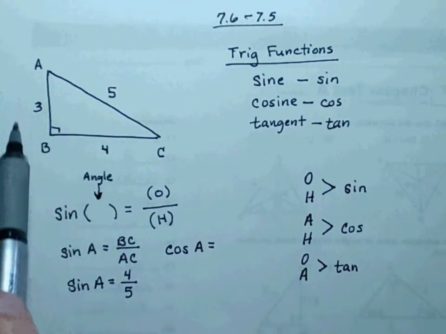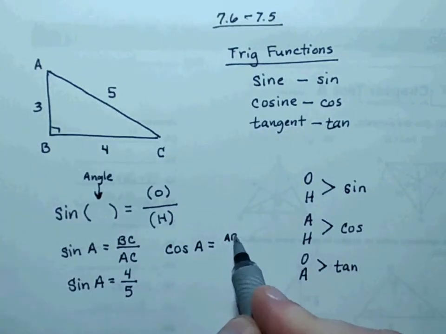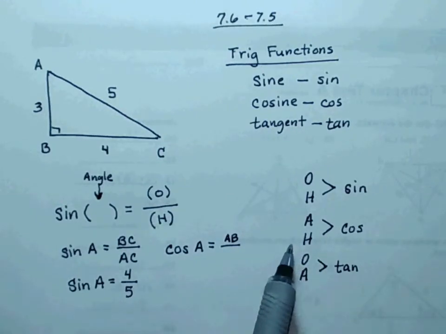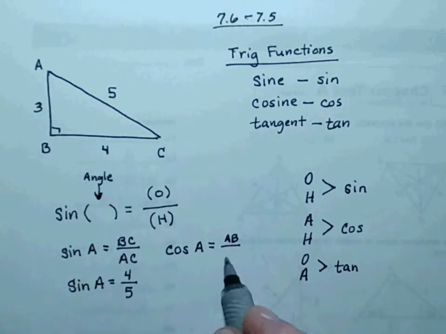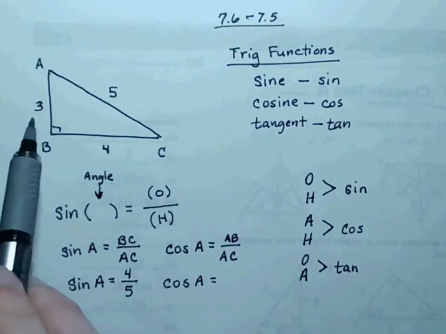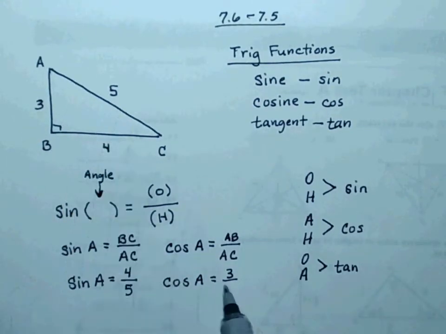Well, AB is the adjacent side to angle A. So AB over the hypotenuse, which is still AC. So if we were to put the numbers in, cosine of angle A is the adjacent side, which is 3, over the hypotenuse, which is 5.